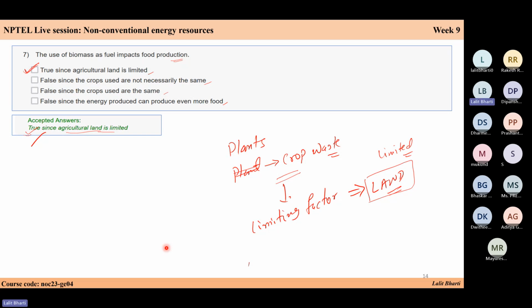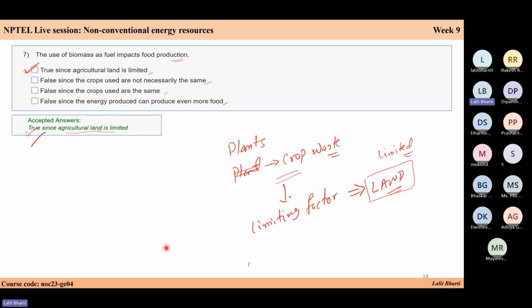So the use of biomass as fuel. Biomass is basically your plant waste or crop waste, which is usually used in villages to prepare food. If you have agricultural land and you have taken a crop, whatever the crop waste is gets used as biomass fuel. So they are asking whether biomass as fuel impacts food production. That is true, since the agricultural land is very limited.